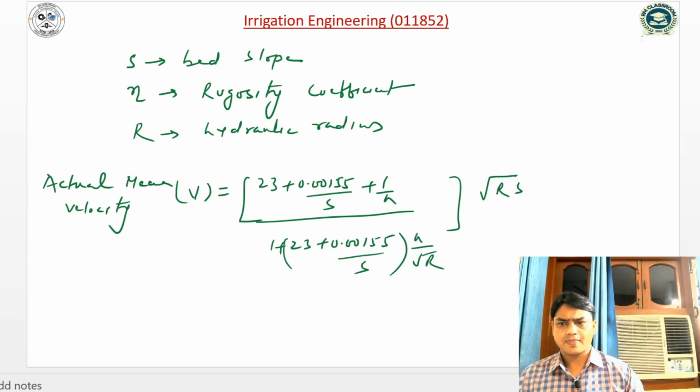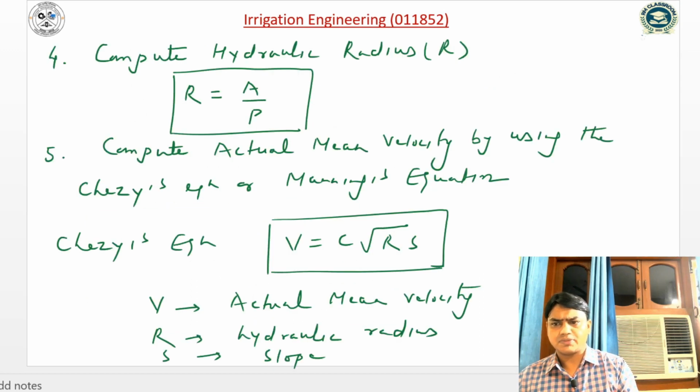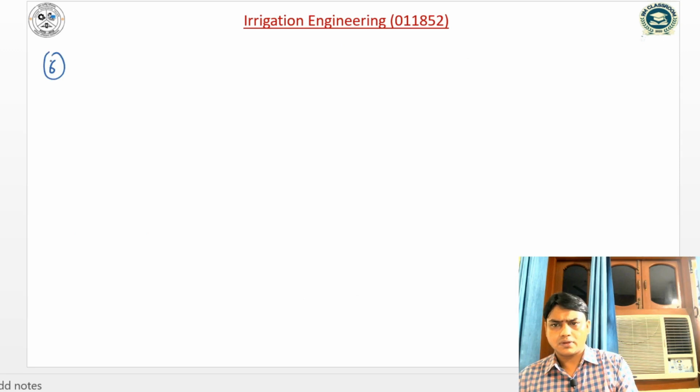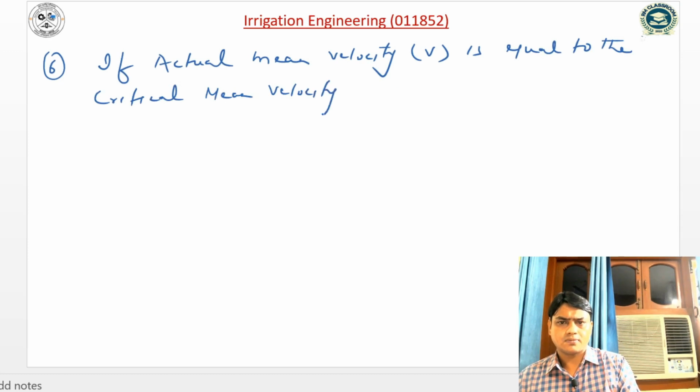So next step, this is step number 6, if actual mean velocity V is equal to the critical mean velocity V naught, then design is okay.